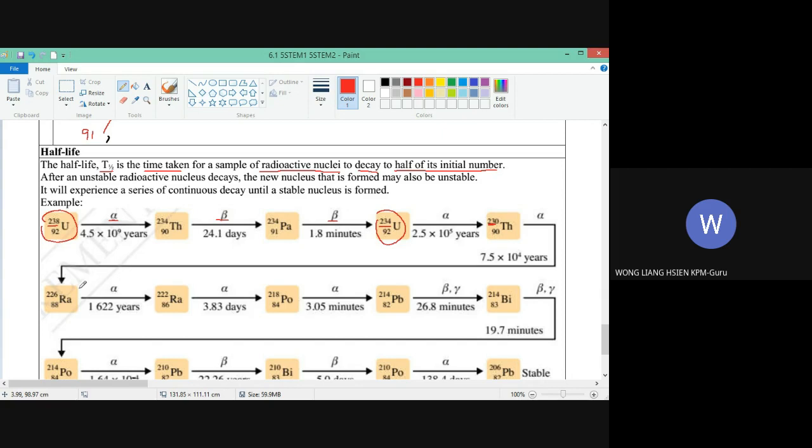Okay, so this is radium. Atomic number 88. Atomic number 86. This one is correct.